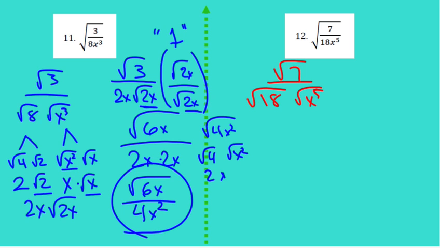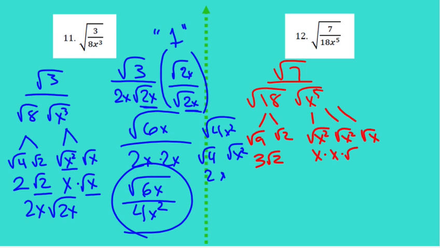Square root of 7, like I said, split up, square root of 18, square root of x to the 5th. So square root of 18 can be broken up into square root of 9, square root of 2. So it's going to be 3 square root of 2. X to the 5th actually breaks up to square root of x squared, square root of x squared, square root of x. So that's going to be x times x. So that's going to be 3x squared, square root of 2x.